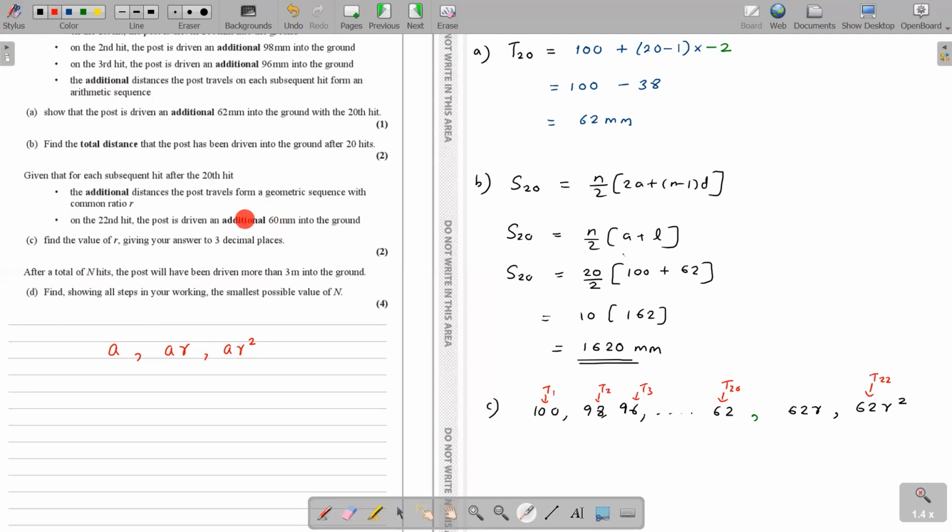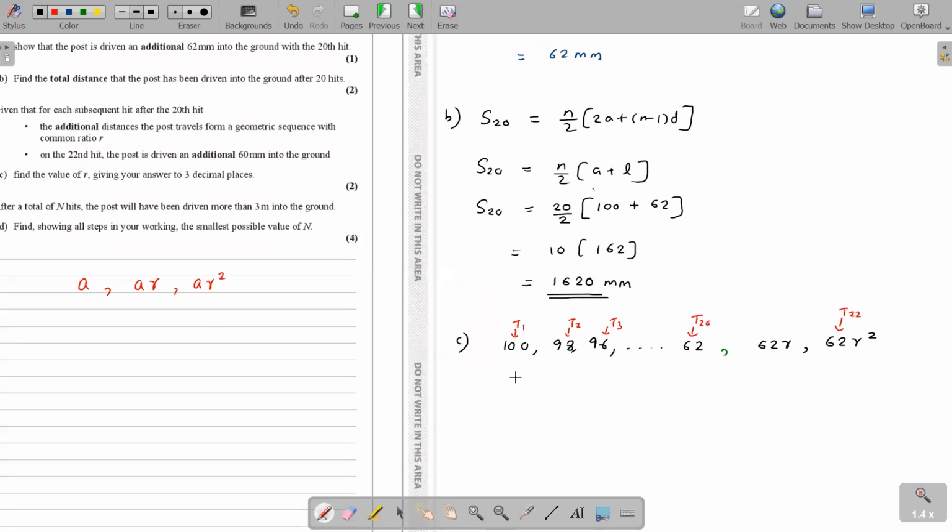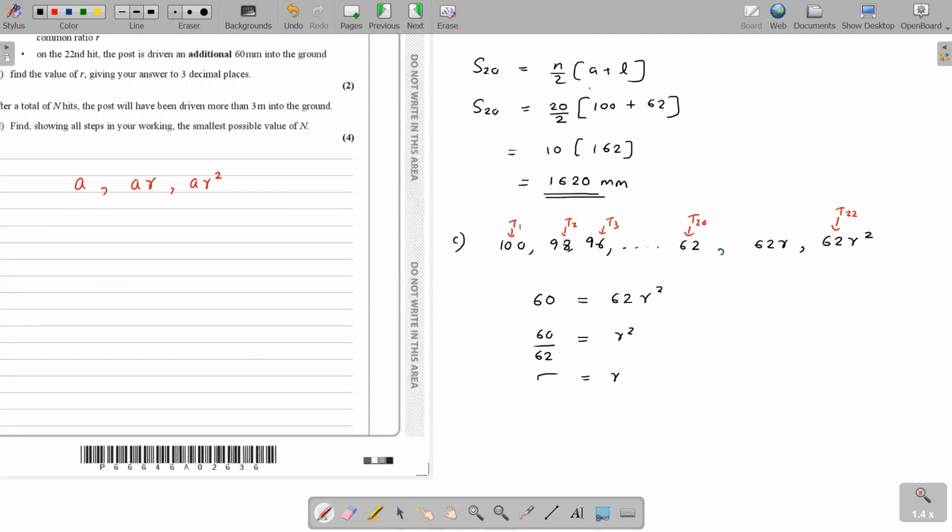So the 60 millimeters is your term 22. So 60 millimeters is 62R square. So how much is R square? R square is 60 over 62, which means R equals root of 60 over 62.